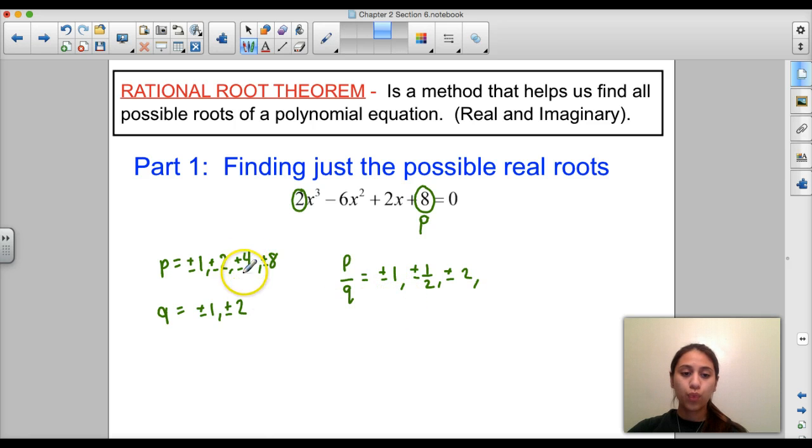Then 4 divided by 1 is 4. 4 divided by 2 is 2, which we already have, so we're not going to write that again. Then 8 divided by 1 is 8. And 8 divided by 2 is 4, and we're not going to write that 4 again. So this is all we have for possible roots.